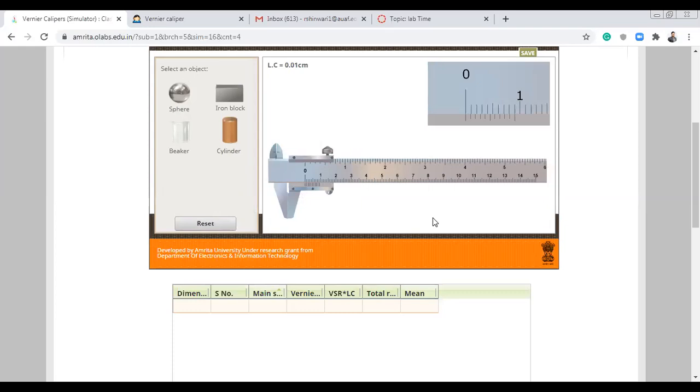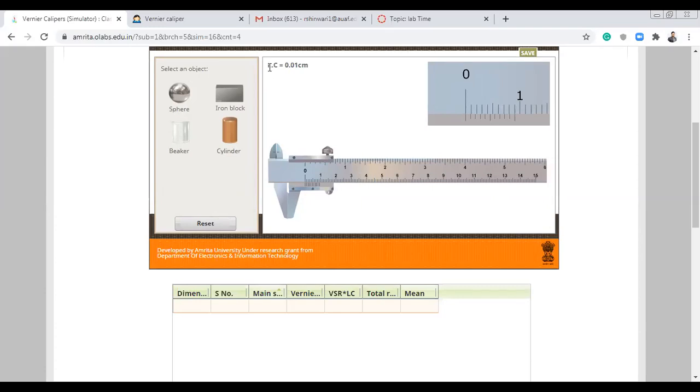Step number one, you need to check both zeros. You can see this graph. Downward is vernier caliper, upward is the main scale. If both are parallel, as you can see here, there is no error. But if there is some error, you need to record the positive error or negative error.